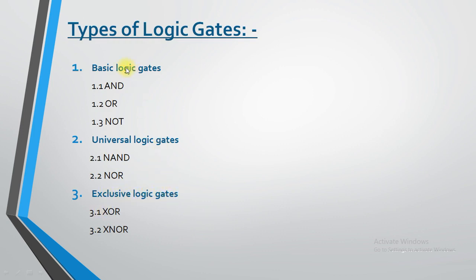In this session we have completed the basic logic gates, that means AND, OR and NOT. In our next session I will explain the universal logic gates and exclusive logic gates: NAND, NOR, XOR, XNOR.